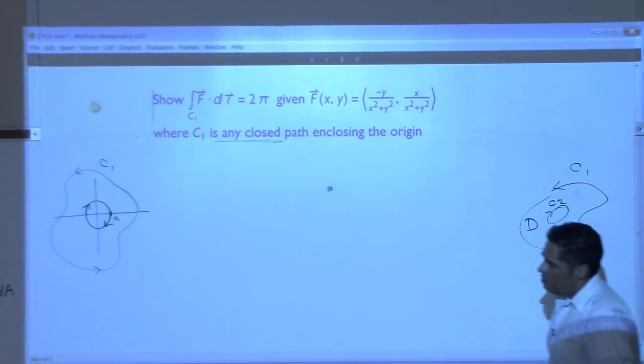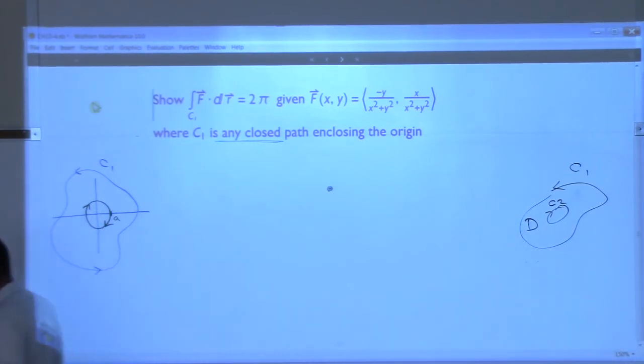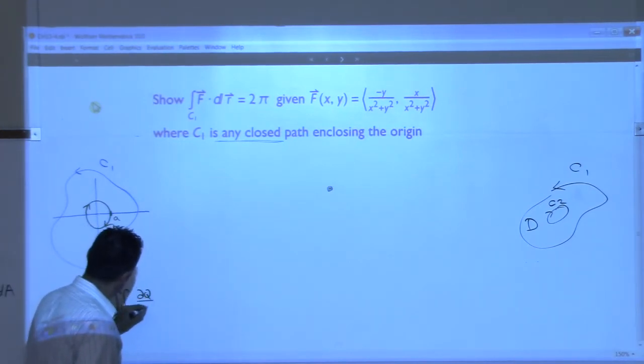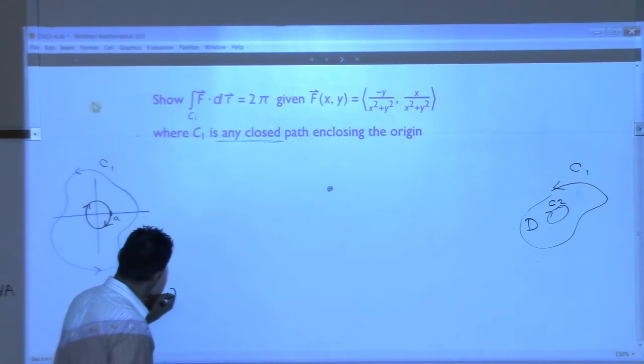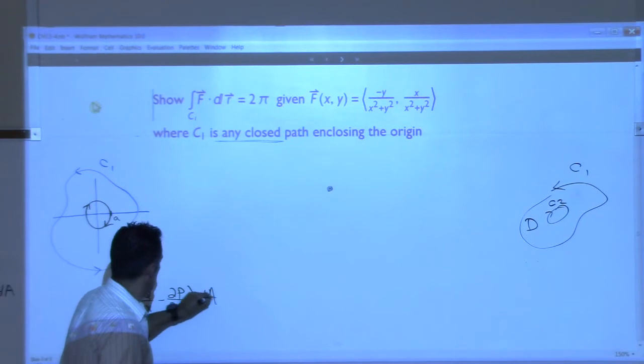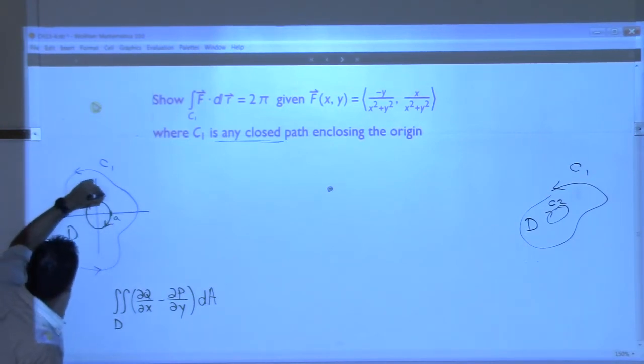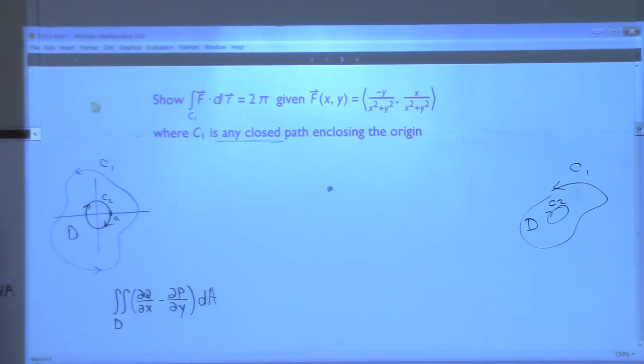All right, so let's talk about what this is. What is this? D is going to be the region between these two, right? So outside this circle, inside this. Oh, and I never called this C2, did I? C2. Okay?